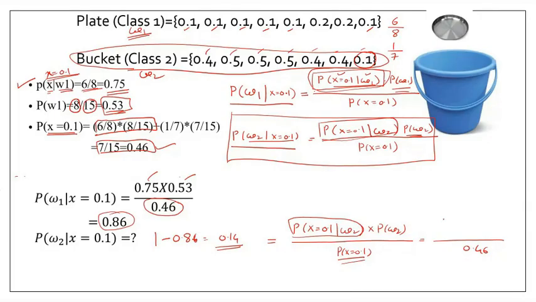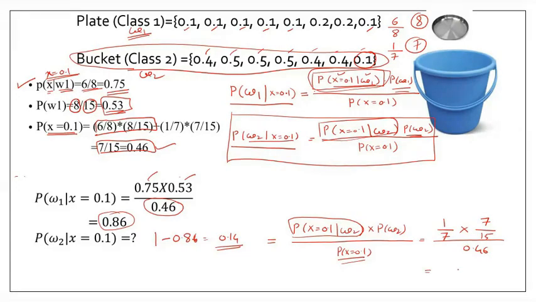So I write here 1 by 7 multiplied by the chance that bucket will appear. There are a total of 15 objects in my list, say 8 here and 7 here. Out of that, 7 are omega 2.